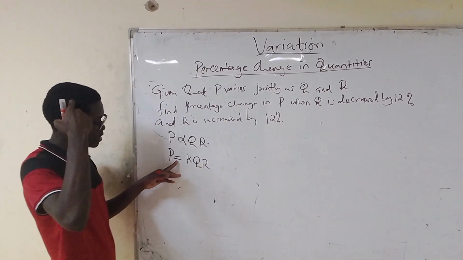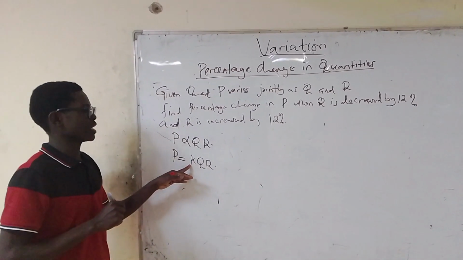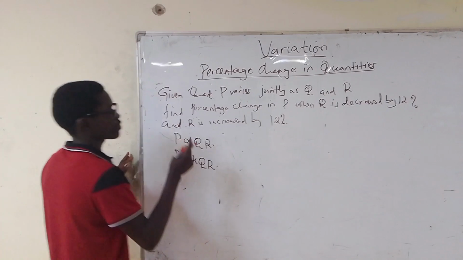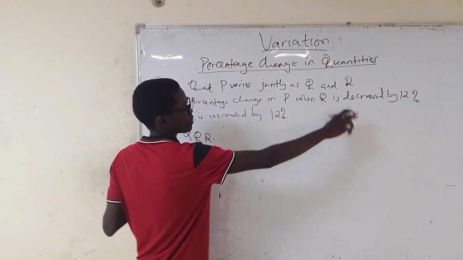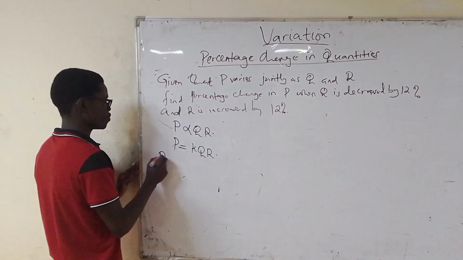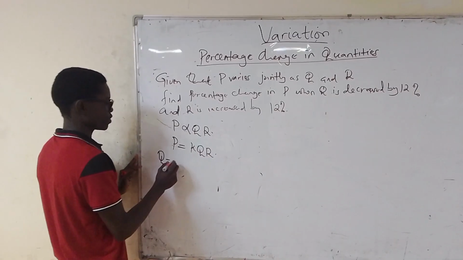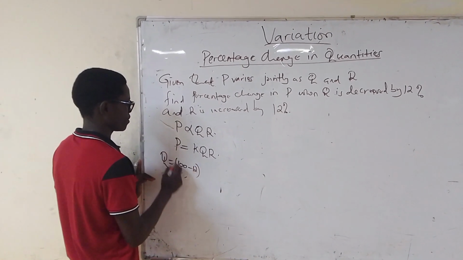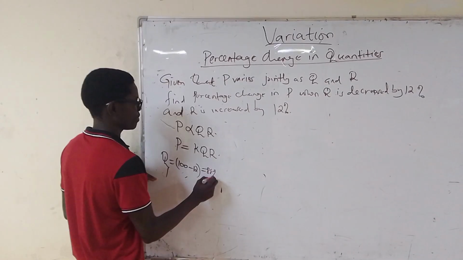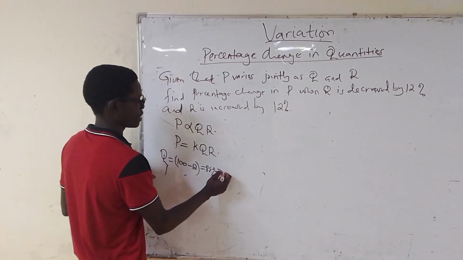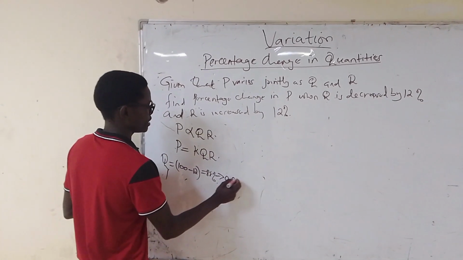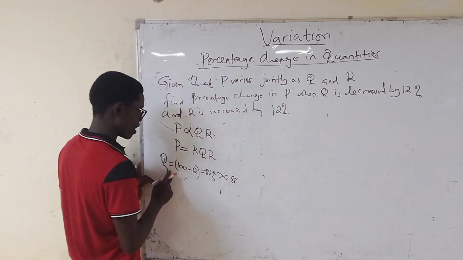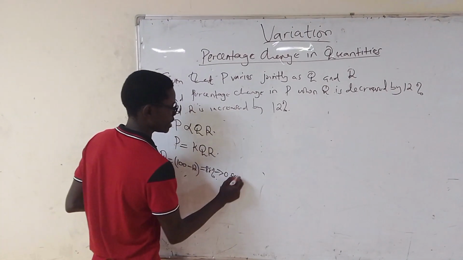When you introduce the equal sign, you introduce the constant of proportionality. So we are told Q decreases by 12%. So Q1 equals 100 minus 12, that is 88%. So divide by 100 will give you 0.88. Then Q1 is 0.88 Q.